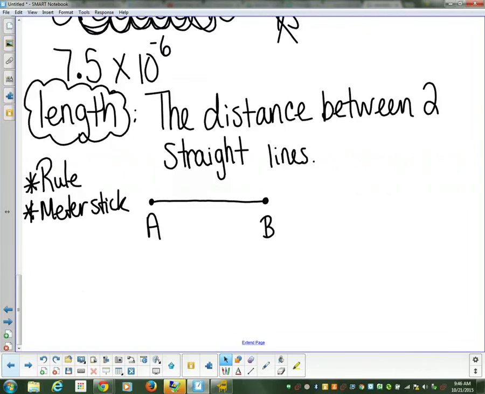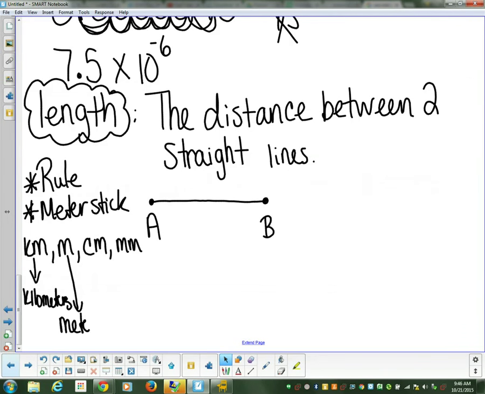Now, when we use that, we use things like kilometers, meters, centimeters, millimeters as our measurements. So this is kilometers, this is meters, this is centimeters, and this is millimeters.